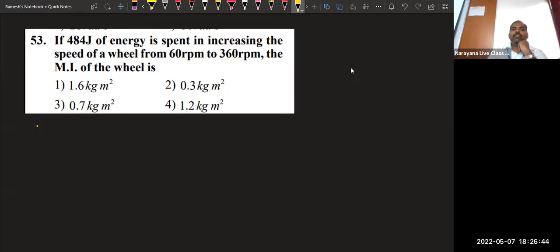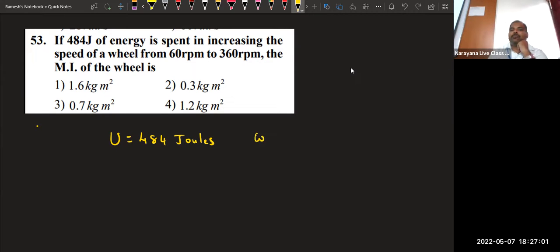Try how much energy is spent in increasing the speed of a wheel. 484 joules of energy is spent.